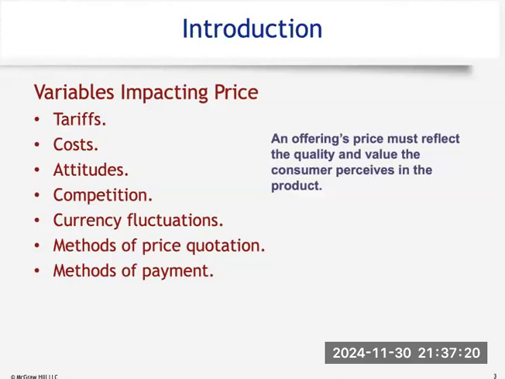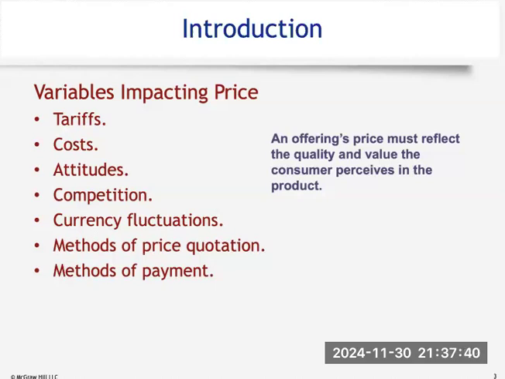All of those are very important, just as price is very important. And I'm going to go over why it is important in international markets and why we can see there's a big difference between pricing in domestic markets versus foreign markets.